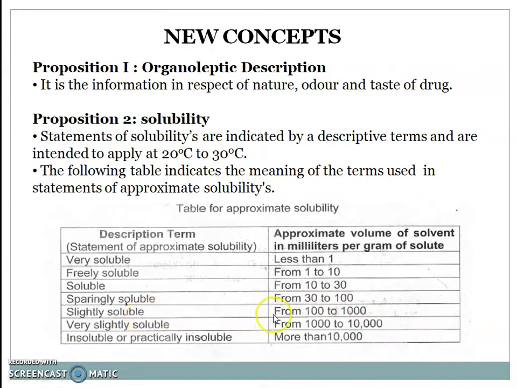Slightly soluble, for 100 to 1000 ml of solvent. Very slightly soluble, that means it is soluble from 1000 to 10,000 ml of solvent. If it is insoluble or practically insoluble, that means it is more than 10,000 ml of solvent.